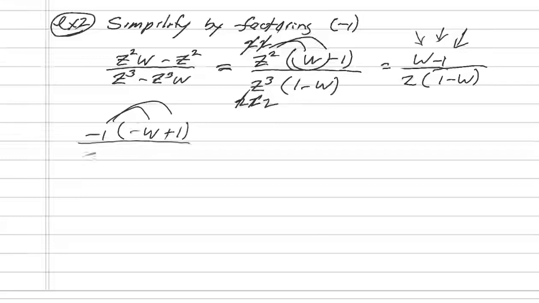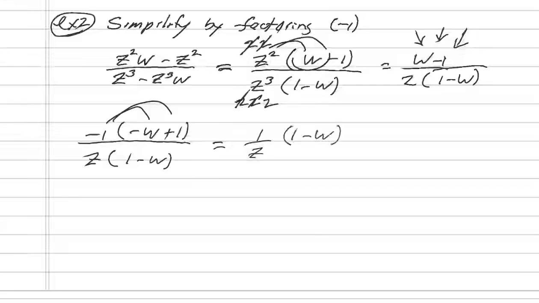So I now have z times 1 minus w. Although they're written a little bit differently, the terms in my parentheses are exactly the same. I'm just going to switch the order around: 1 over z, and this one is now 1 minus w.